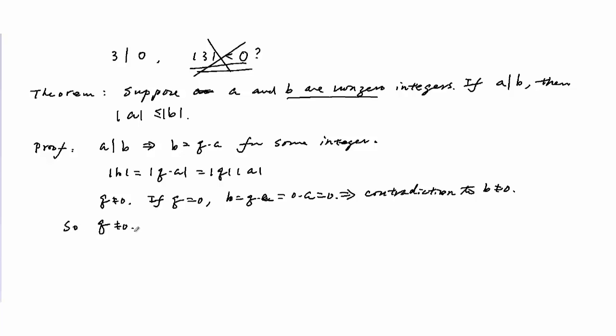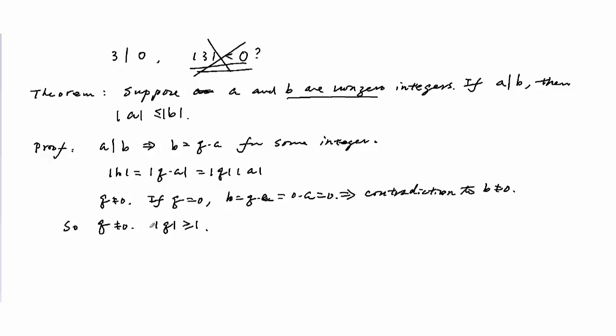But since Q is not 0, then absolute value Q should be greater than or equal to 1, right? Because Q is an integer for division here. So the quotient must be an integer. When it is not 0, then the smallest positive integer would be 1. Therefore, we can be certain that absolute value Q is greater than or equal to 1.